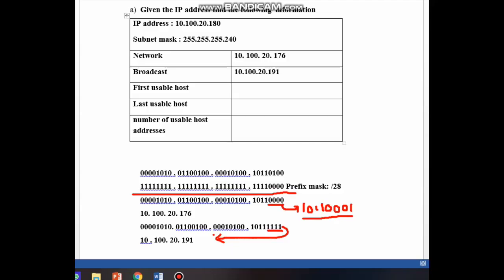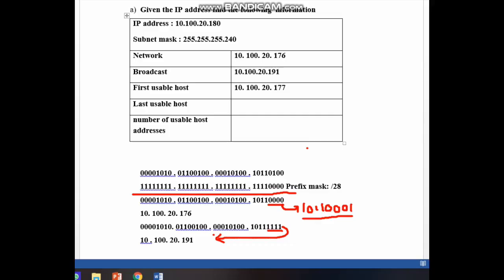The rest of the portion stays the same. So my very first usable host is just going to be the address immediately after my network address. So it's going to be 10.100.20.177.